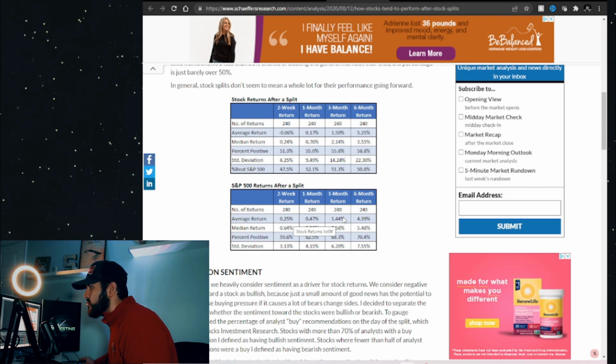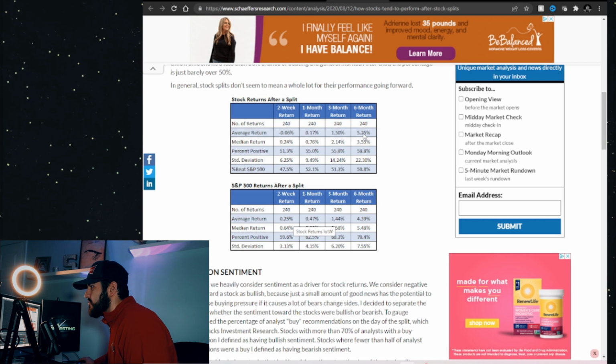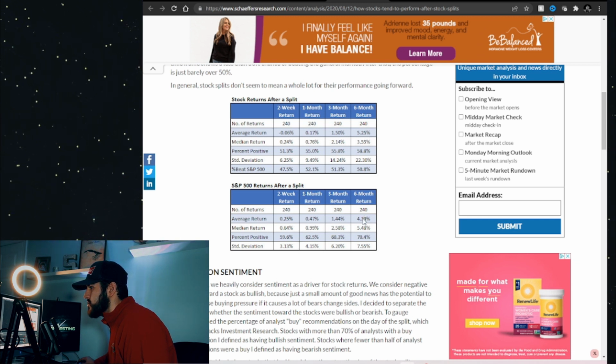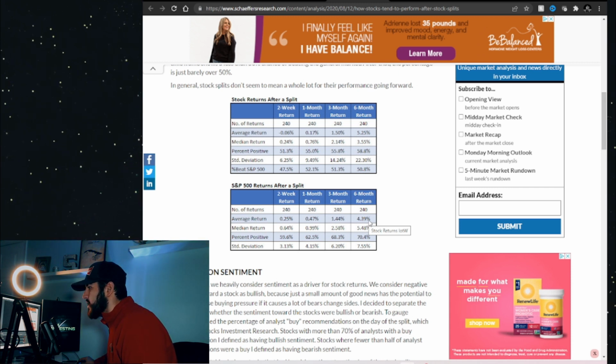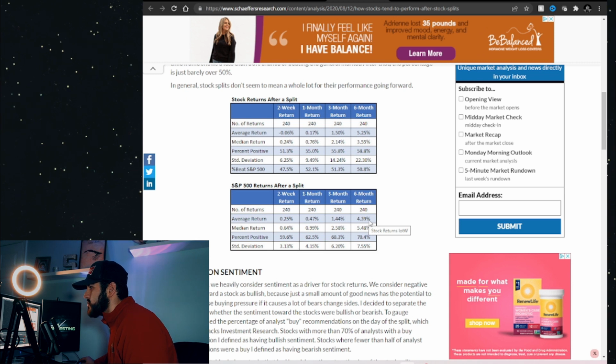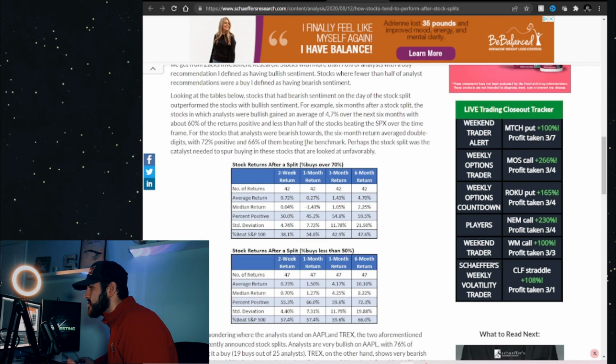And if you hold through that in 3 months, you might make more money than the S&P 500. And if you look at the 6-month return at 5.25% compared to the S&P 500 at 4.39%, you're outperforming. So yet again, potential buy the dip opportunity, but right after the split, 2 weeks and 1 month, you're typically underperforming the index.